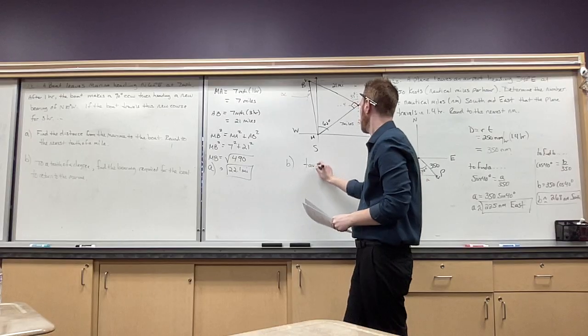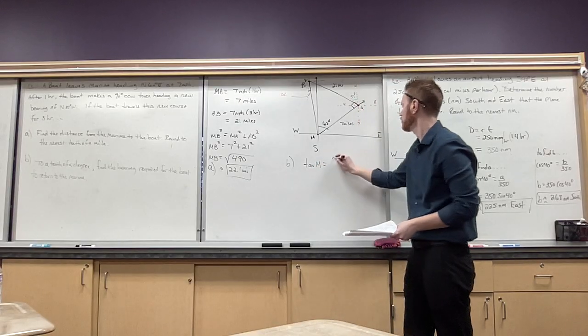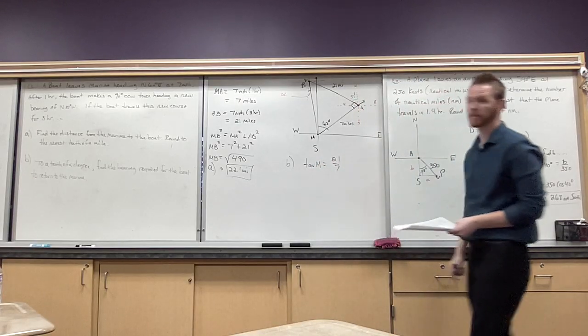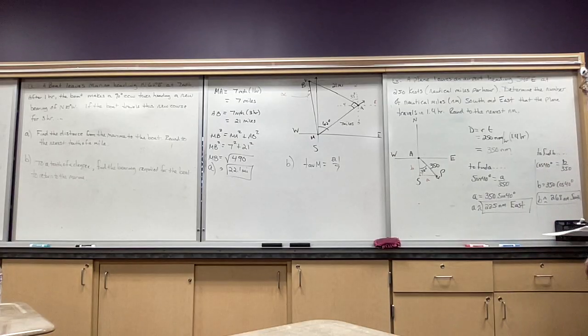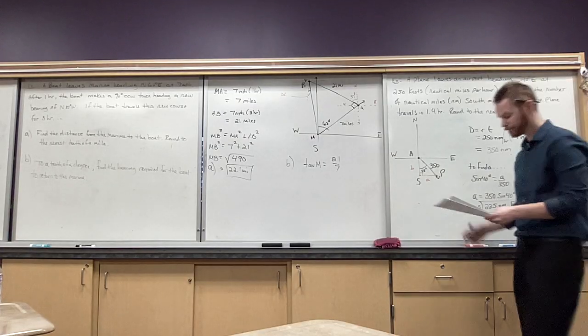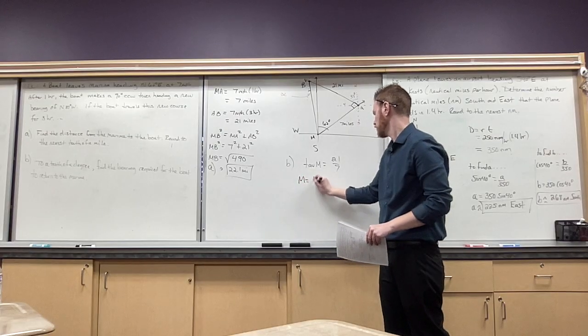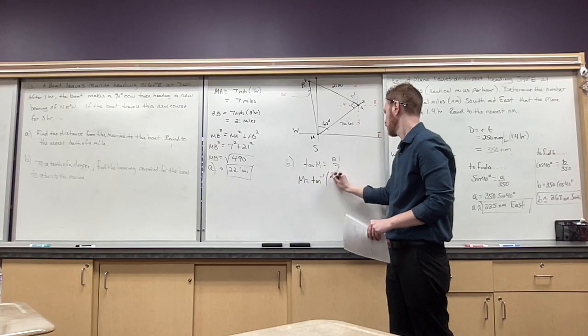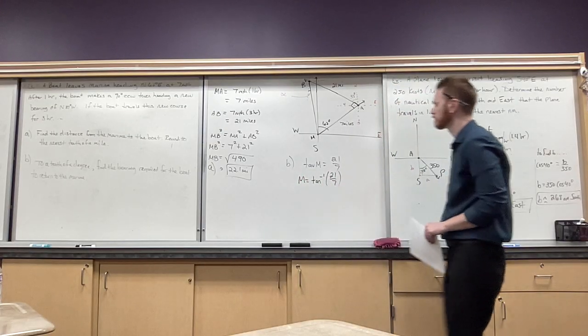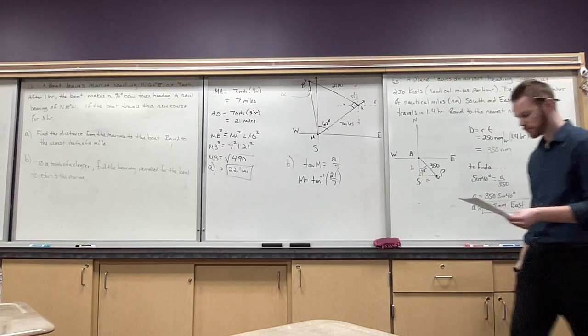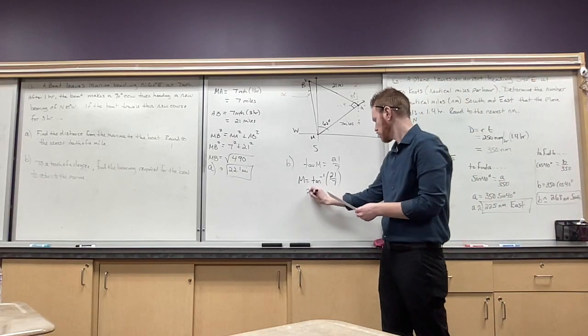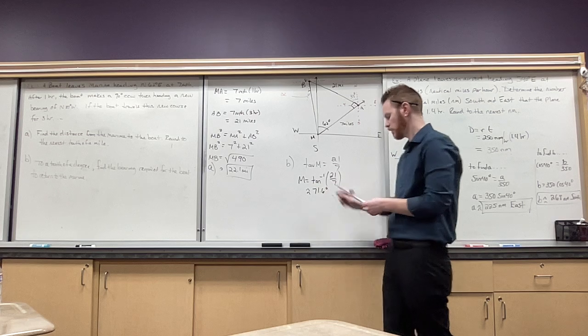So tangent of M is equal to 21 over 7. We're going to use the inverse of tangent to figure out what that angle is. M is equal to the inverse tangent of 21 over 7, and we get approximately 71.6 degrees.